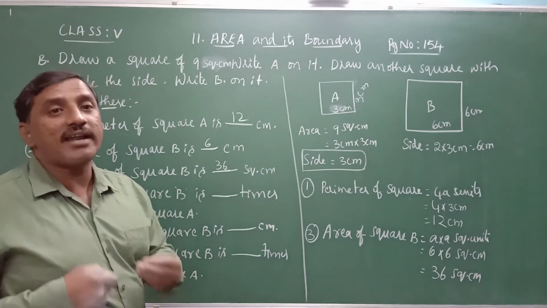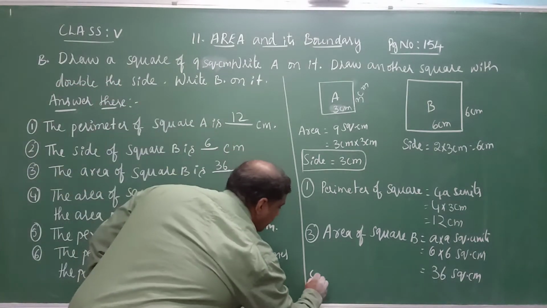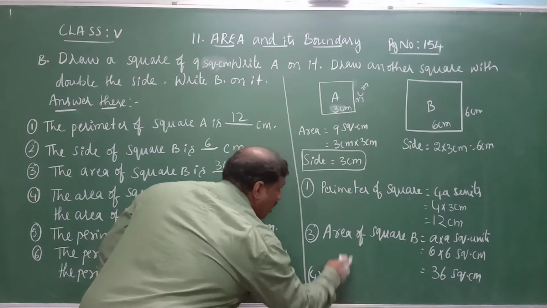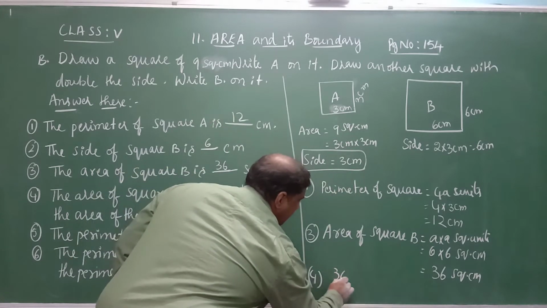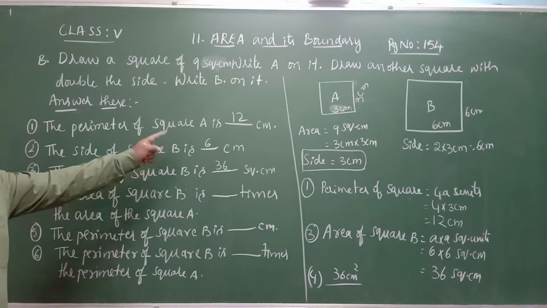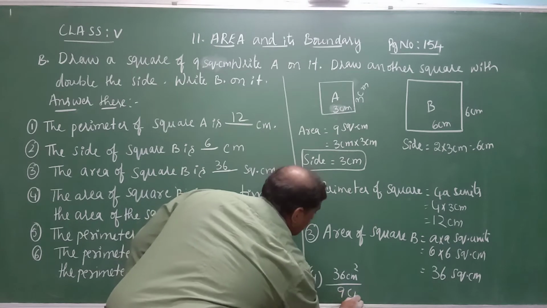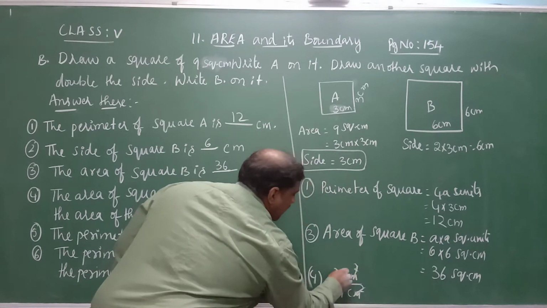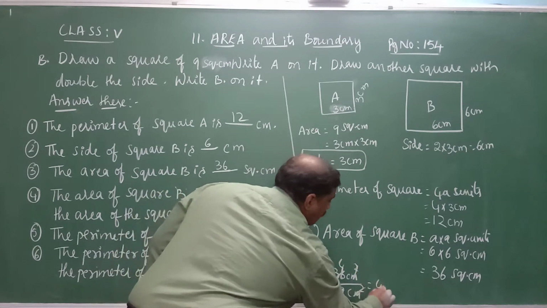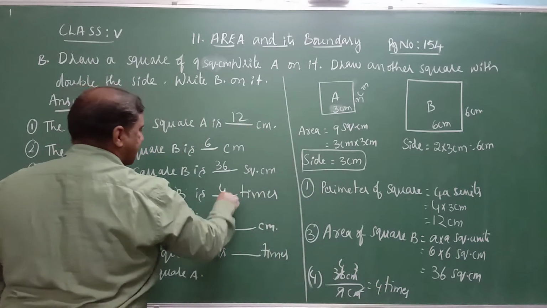It is square B. How many times is it more? Area of square B, 36 square centimeters, divided by area of square A, 9 square centimeters. So what do we get? 9 ones are 9, 9 fours are 36. 4 times it is greater.